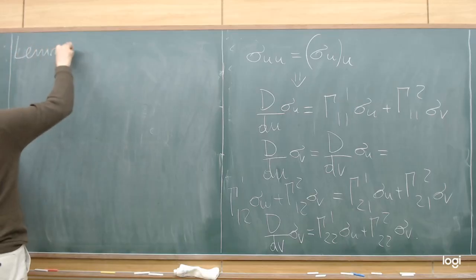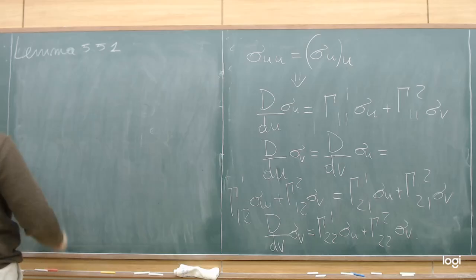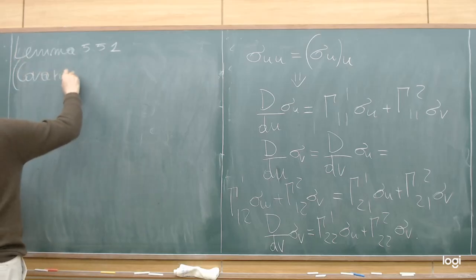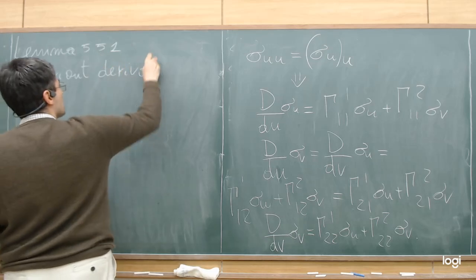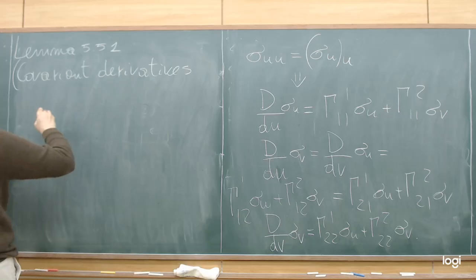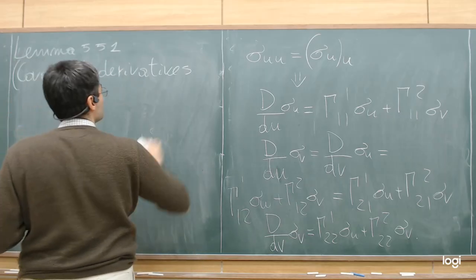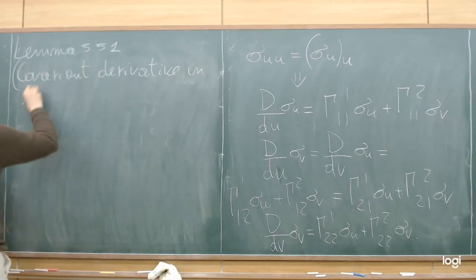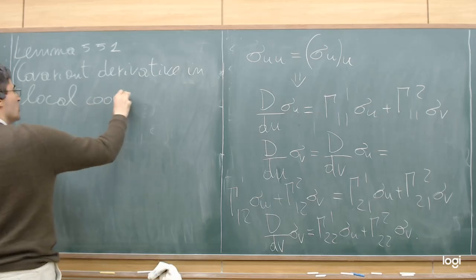So we have lemma 5.51, covariant derivative in local coordinates.